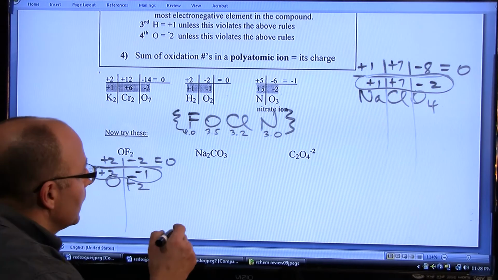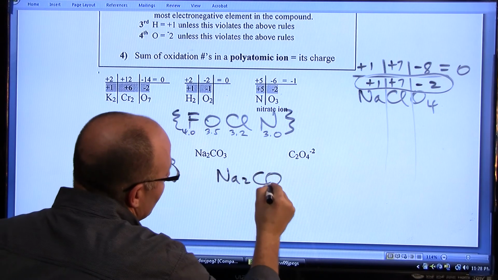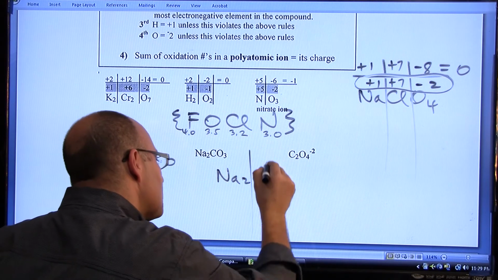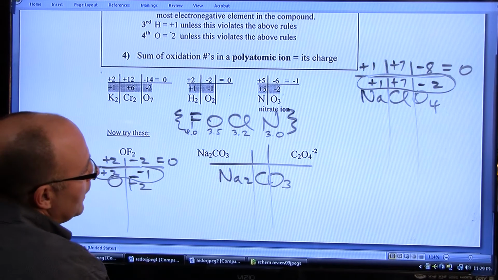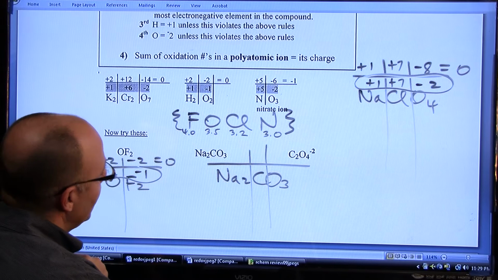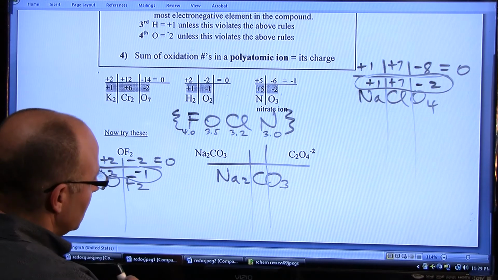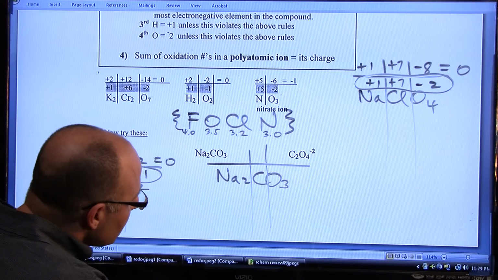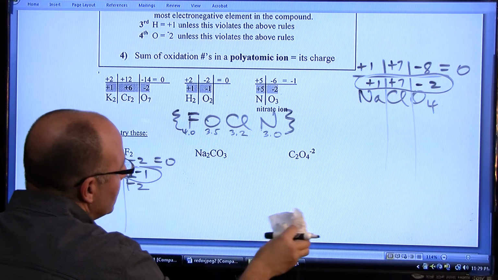All right, let's try this one, sodium carbonate. Na2CO3. Let's split it up. Remember that subscript there belongs to the Na.